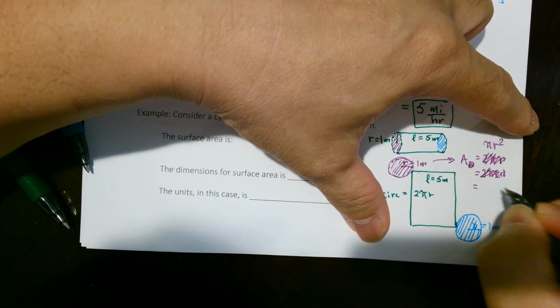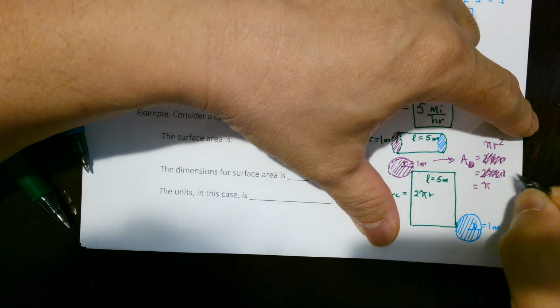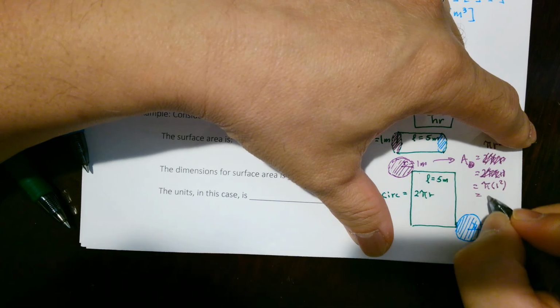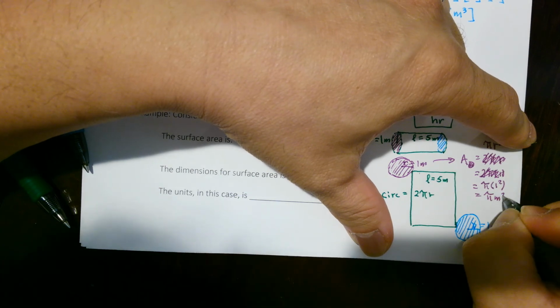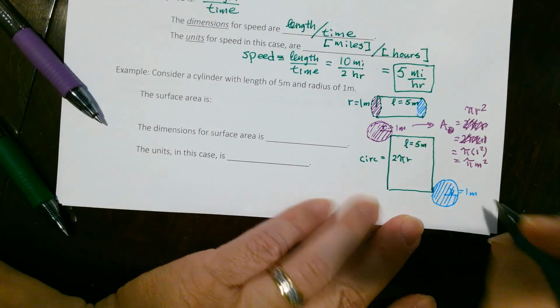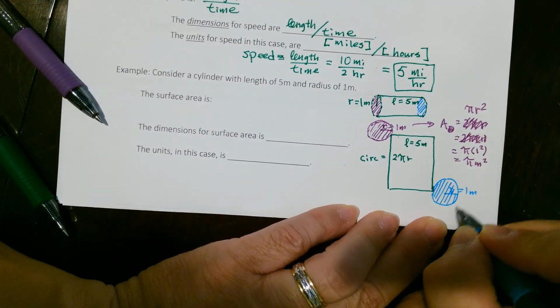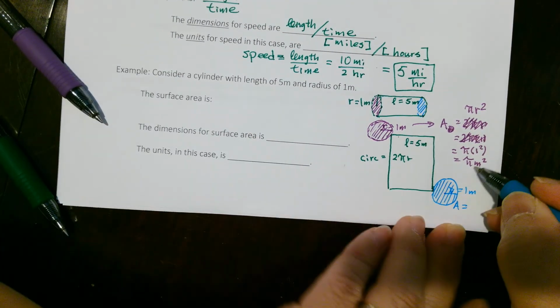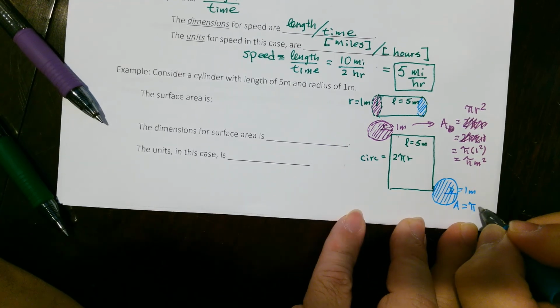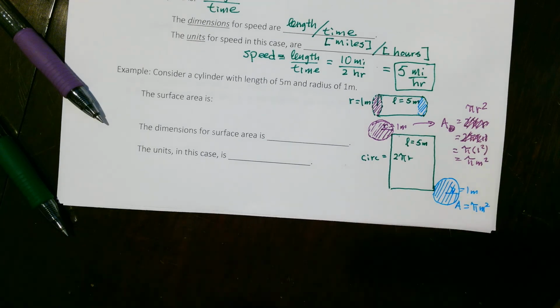So that is equal to pi times 1 squared, and you get pi meters squared. And for the bottom, the area again is the same as the top, this is symmetrical, so pi meters squared.